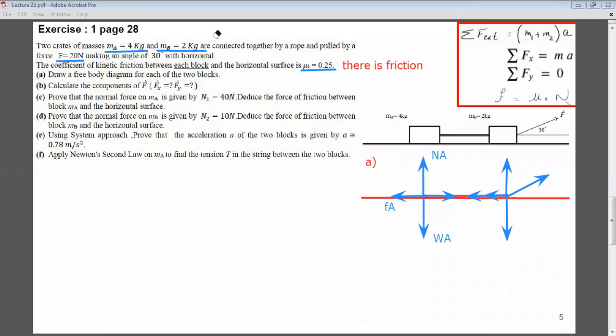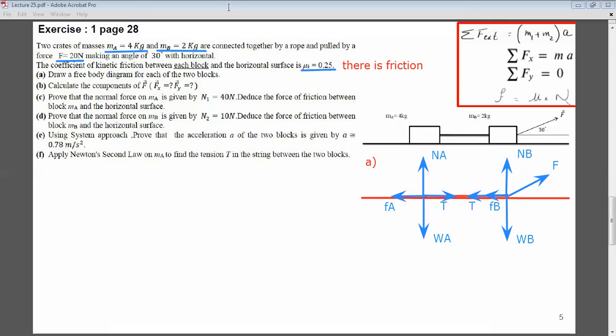We will just call it tension because tension A and tension B are equal. It's the same rope. So this is tension. This is friction B, WB, NB, and F. This is F. So this is the first step. We put all the forces.